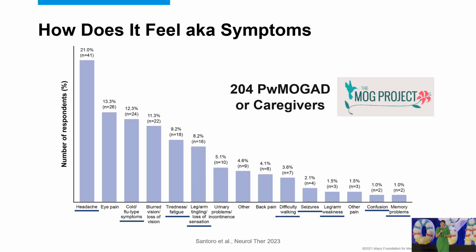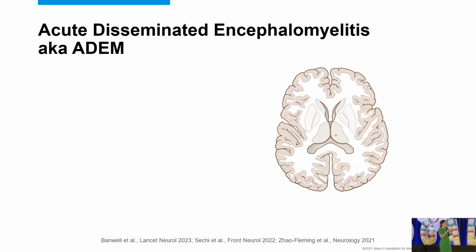There is some overlap, but you see here, for instance, a patient with headache, with numbness or weakness in the leg or arm, with walking difficulties, with seizures. All of these symptoms direct us towards having a look at the brain.